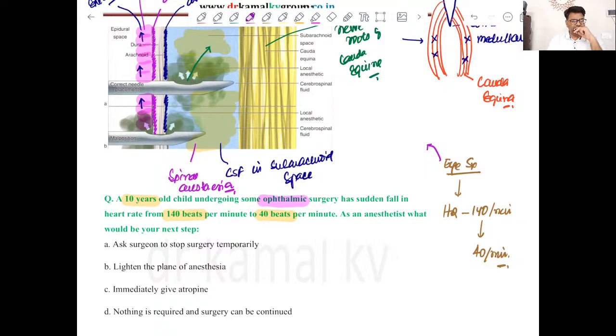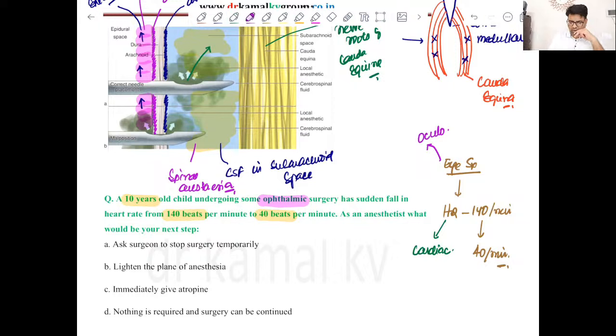So if there is some surgery going on, on the eye, you can put the word oculo here, right? And this is related to the word cardiac.